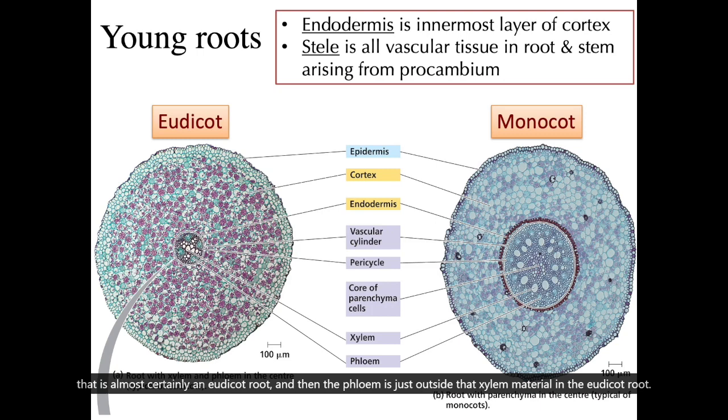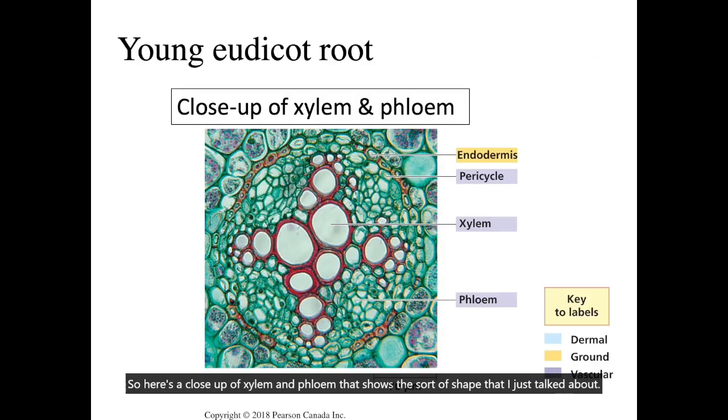And then the phloem is just outside that xylem material in the eudicot root. In the monocot, the xylem and the phloem occur as separate little bundles, scattered throughout the center of the monocot root. So here's a close-up of xylem and phloem that shows the sort of X shape that I just talked about. And you can see the endodermis.